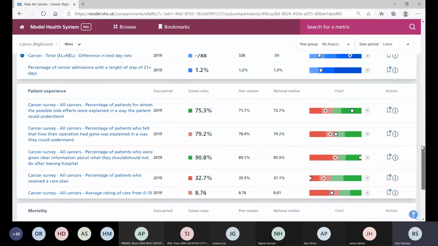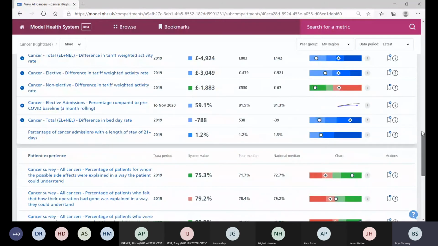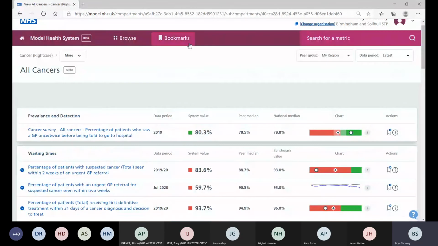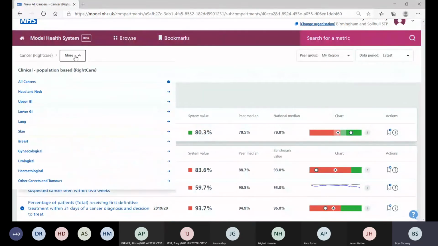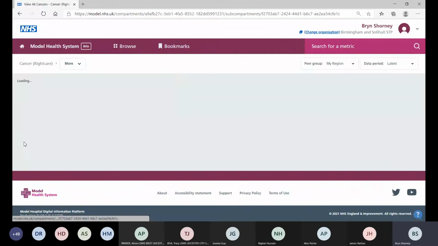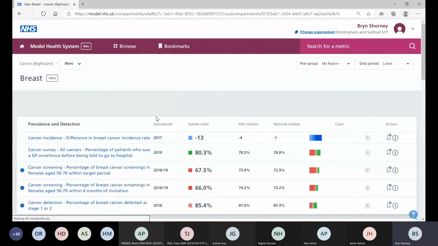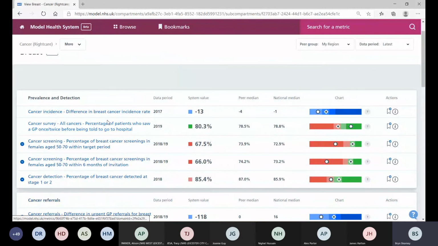For a more complete view, look at some of the specific types of cancer, because certainly some of that information is only collected for breast or lung or colorectal. So for example, if you select breast cancer, then you get a wider set of indicators.